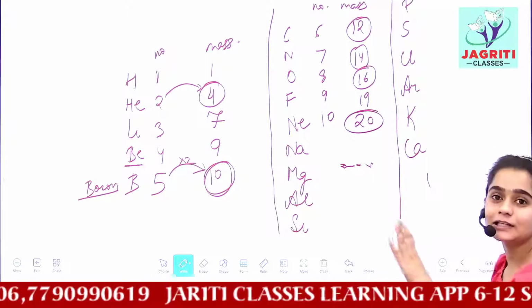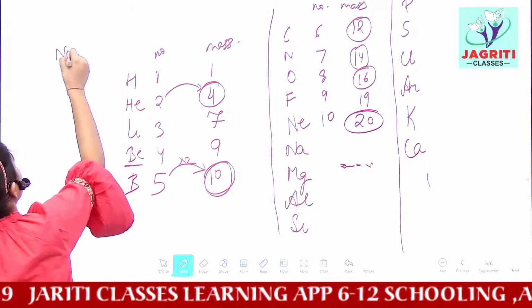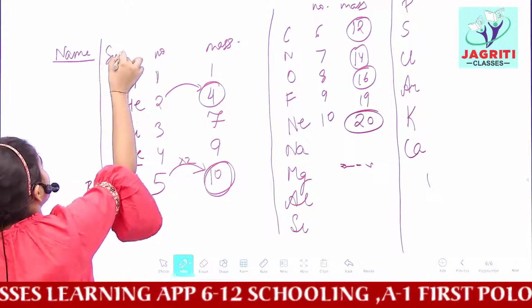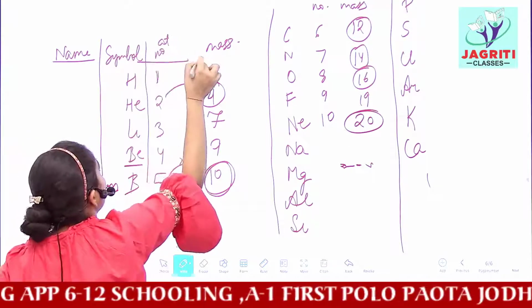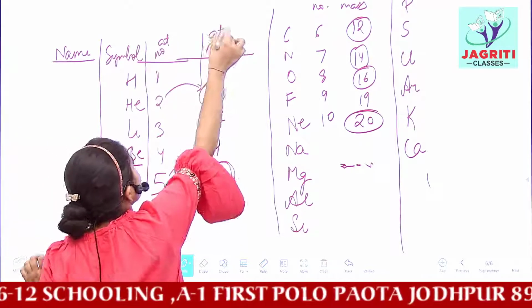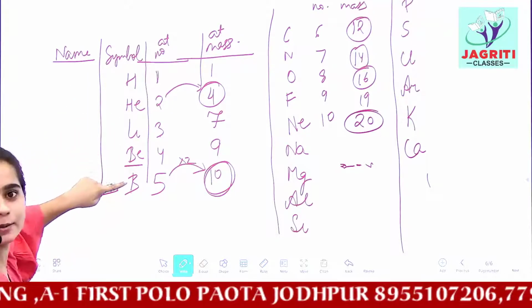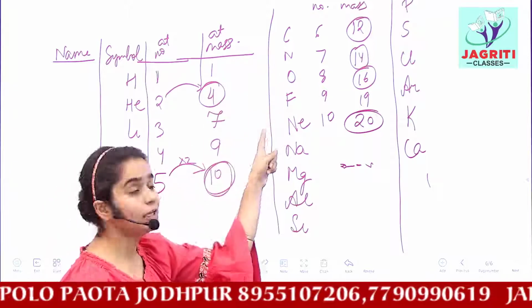So make a table in your notebooks. The first column would be the name of the atom, then the symbol of the atom, then its atomic number, and then the atomic mass. The first elements I have discussed: hydrogen, helium, lithium, beryllium, boron, carbon, nitrogen, oxygen, fluorine, neon.